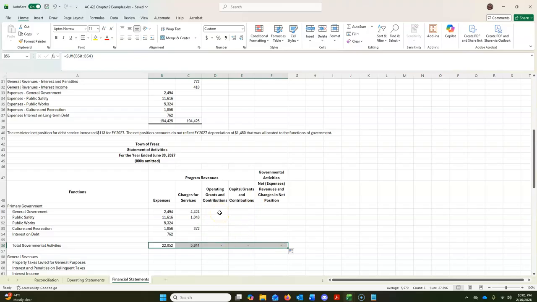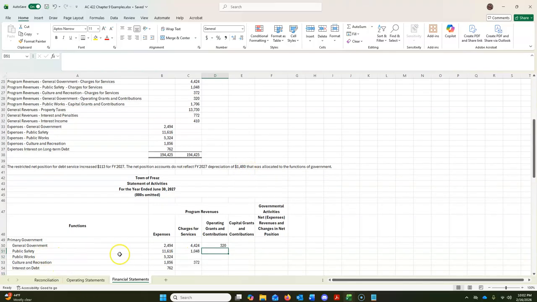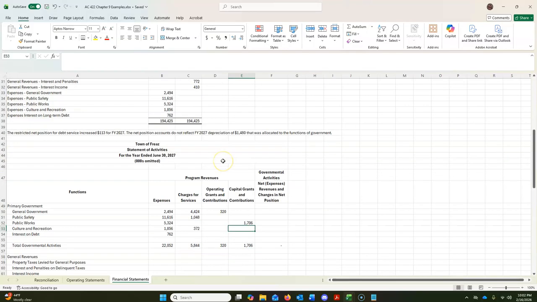Then I'm going to see if I have any operating grants and contributions, and I have one here for general government. And then any capital grants, and I have one here for public works. So go to public works and bring that capital grants amount down here.